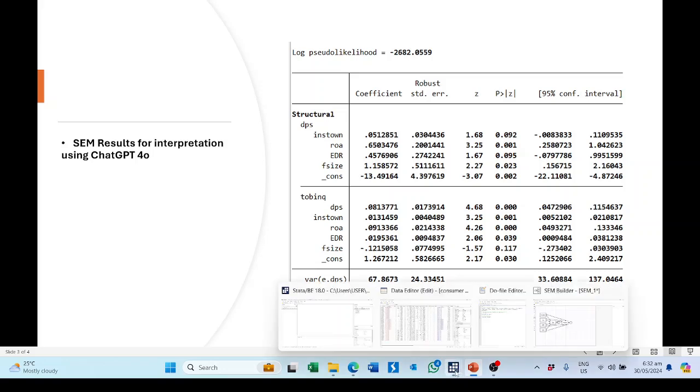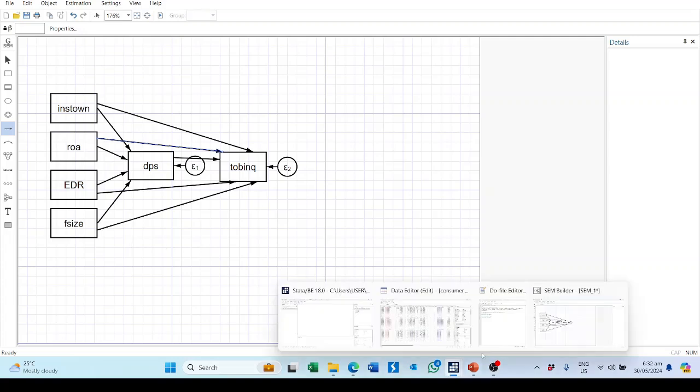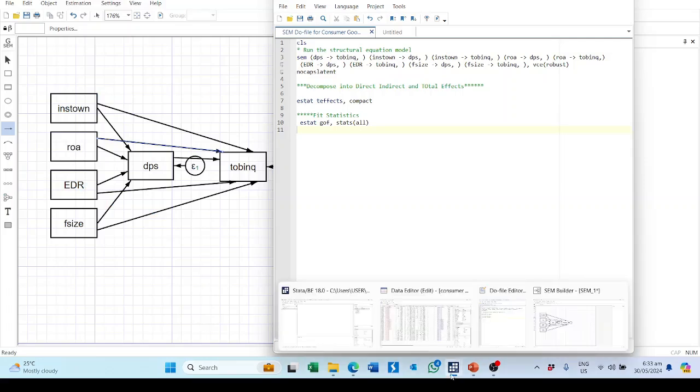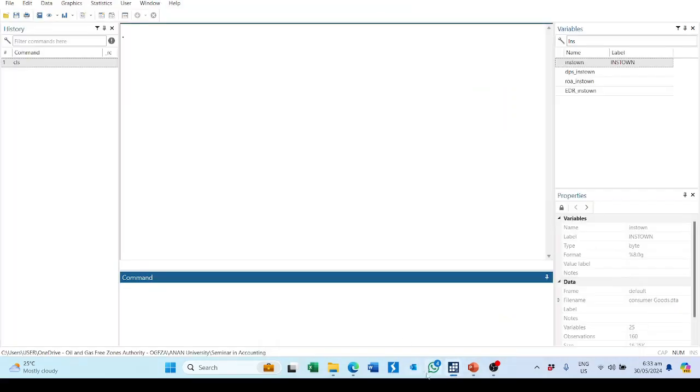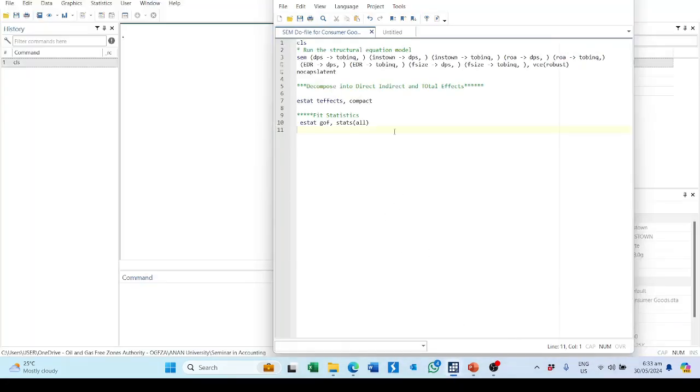That's the result in PowerPoint, but let's go to the model builder in Stata. I've already created the model in Stata. This is the diagram, but I'm going to use a do file, which I've created, to run the regression, to run the structural equation model. So this is the do file.